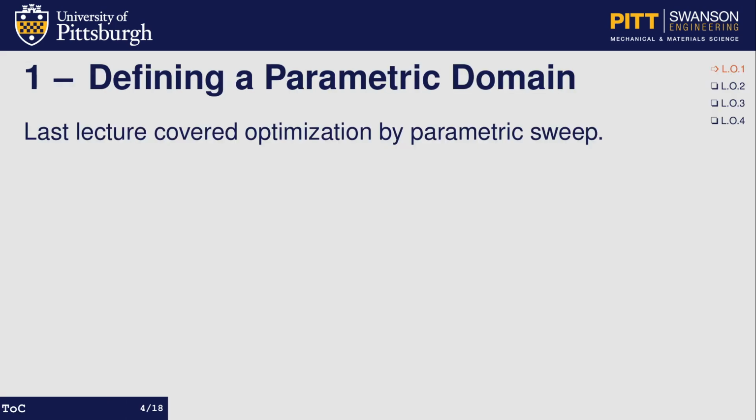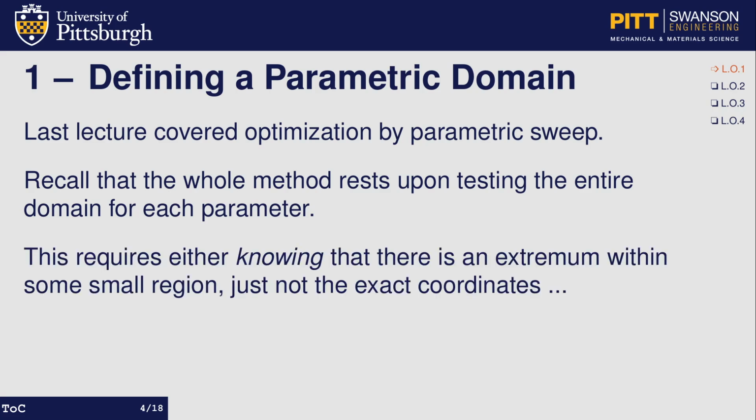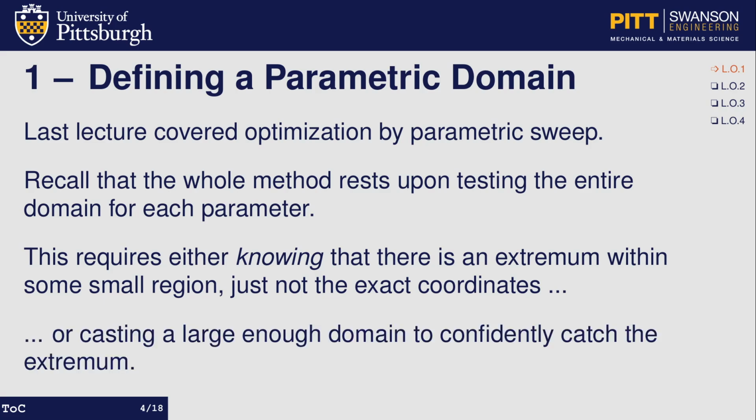Last lecture covered optimization by parametric sweep. Recall that the entire method rests upon testing the whole domain for each parameter of your system. This requires either knowing that there is an extremum within some small region, just not the exact coordinates necessarily, or casting a large enough domain to confidently catch the extremum.